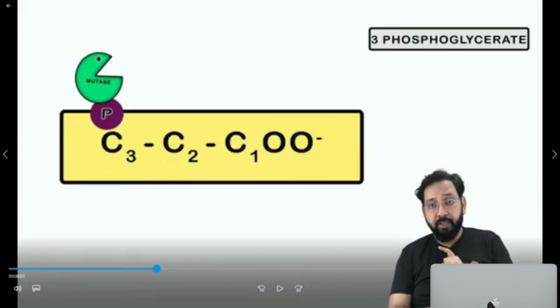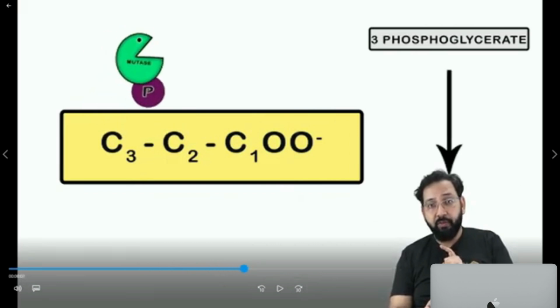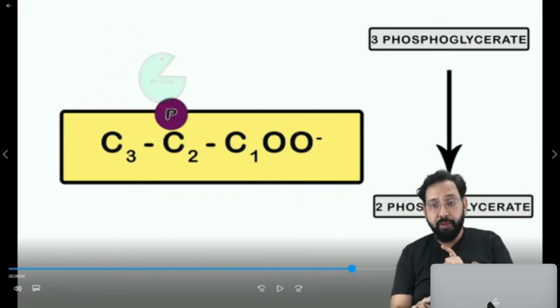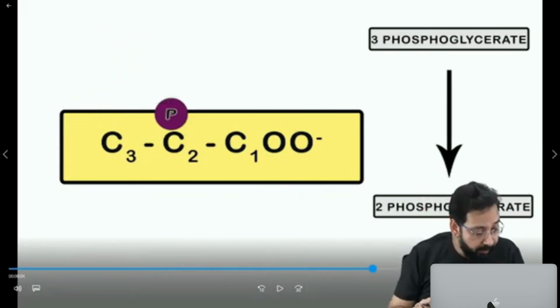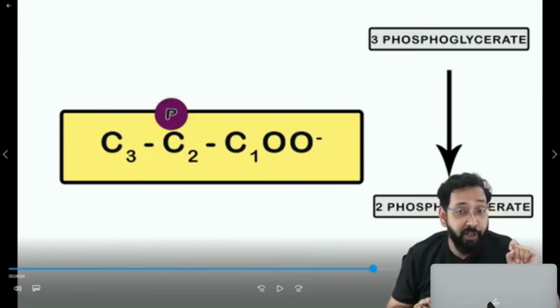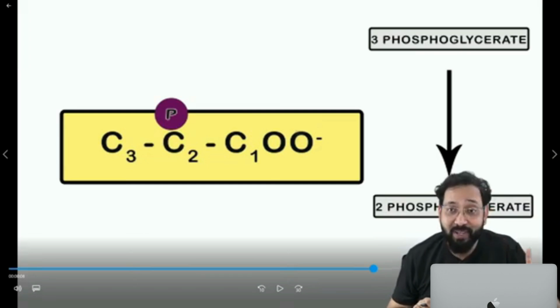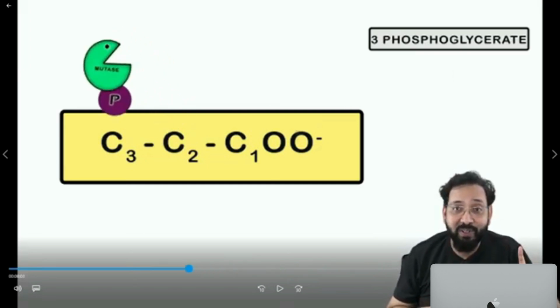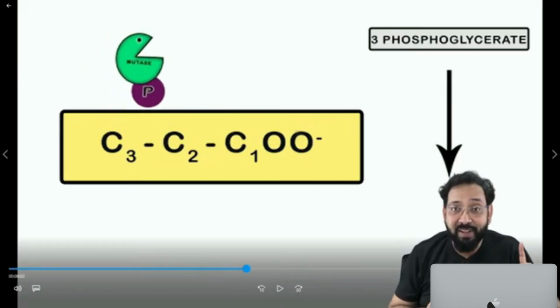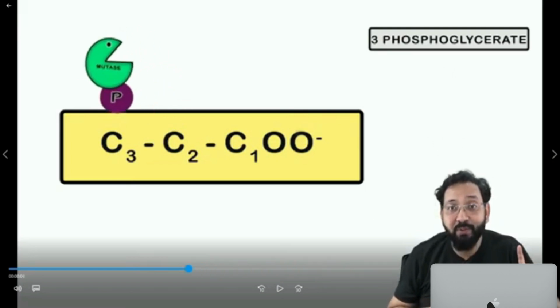So mutase transfers a phosphate group from C3 to C2, and any enzyme which transfers a group is classified as a transferase, but it is not a transferase, because it transfers a group within a molecule.